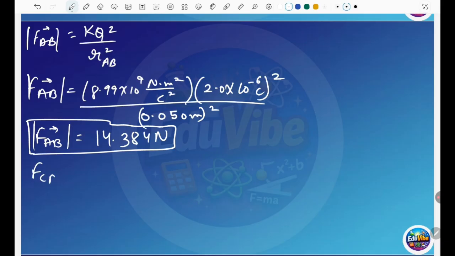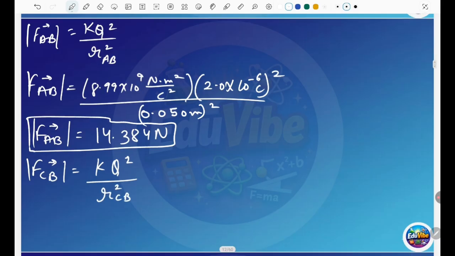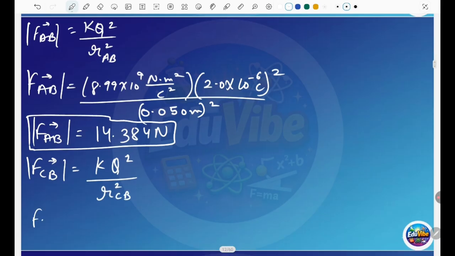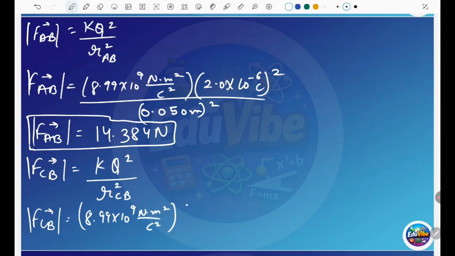For the force from C to B, the same kind of thing you have to do, but with C and B. K is 8.99 times 10 to the 9 newton meter squared per coulomb squared. This is again the same 2.0 times 10 to the minus 6 coulombs, squared.